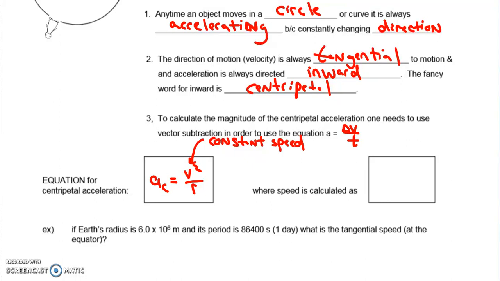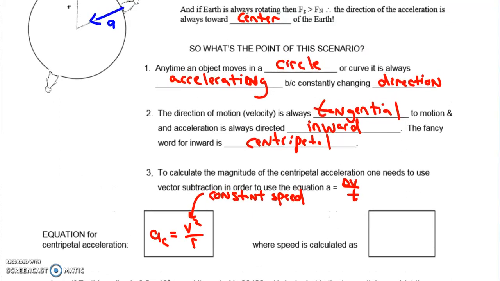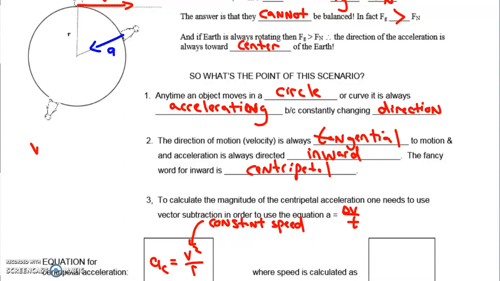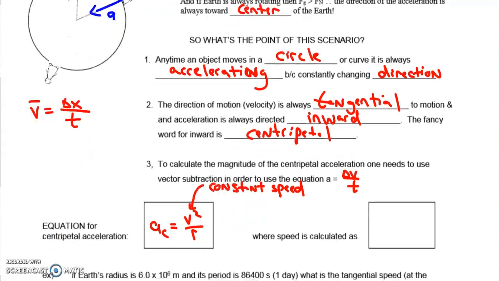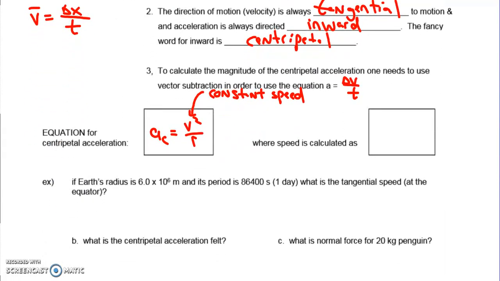And when you think about how one would calculate speed, the definition of average speed is the distance over time. So if you think about the penguin spinning around with the Earth, its distance traveled is the circumference.